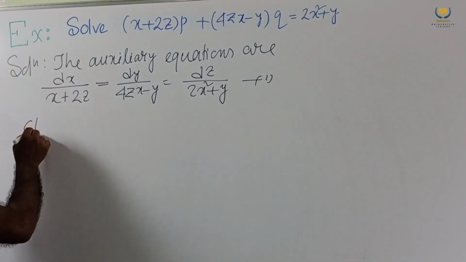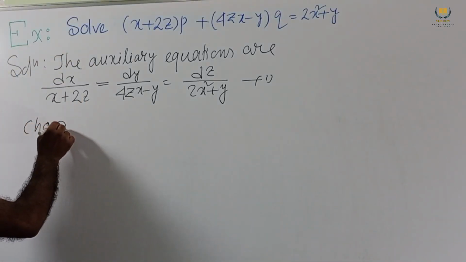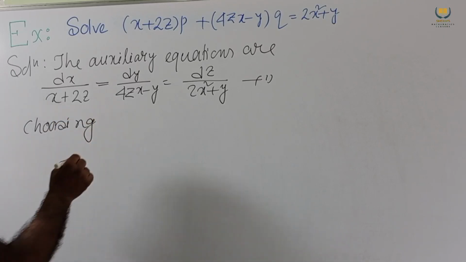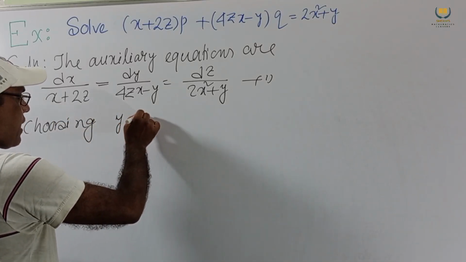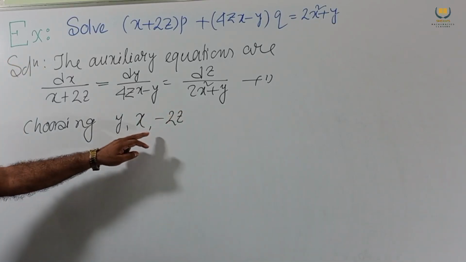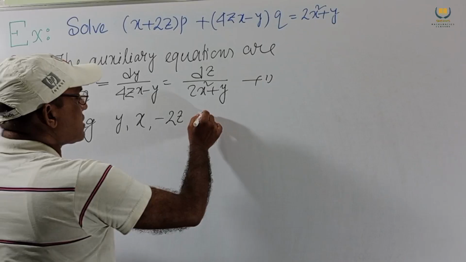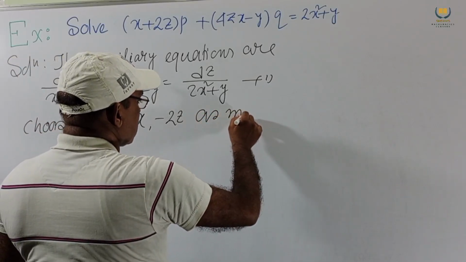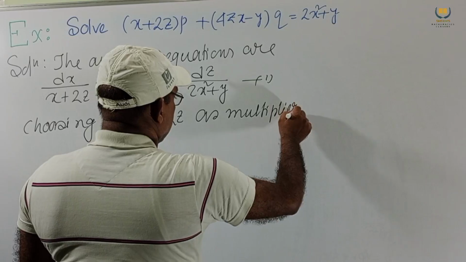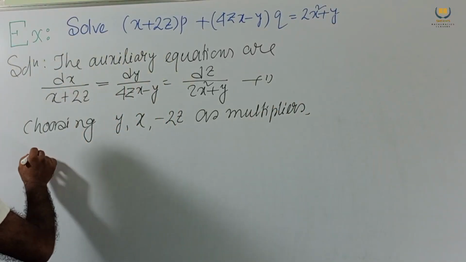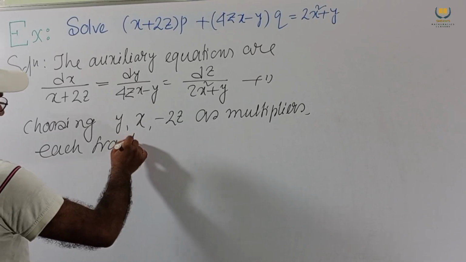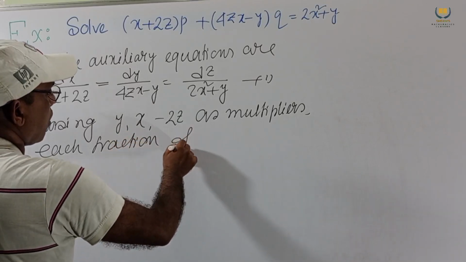Now choosing y, x, minus 2z as multipliers, each fraction equal to 1.